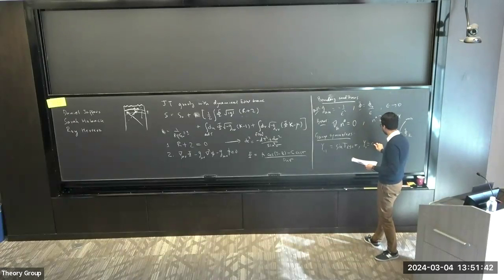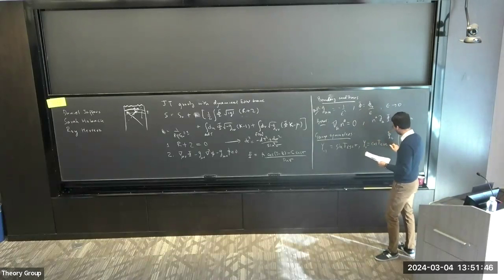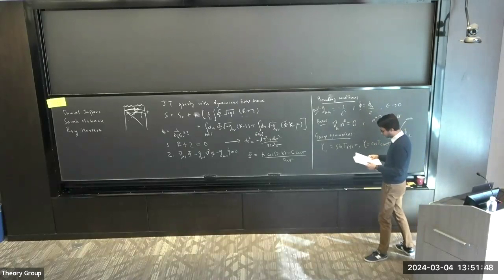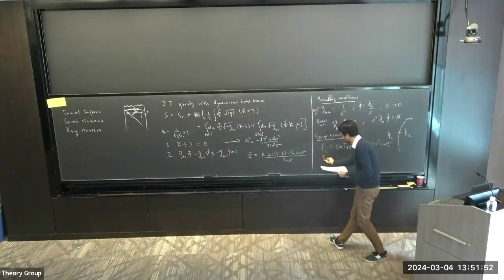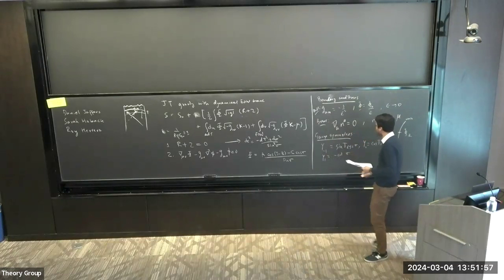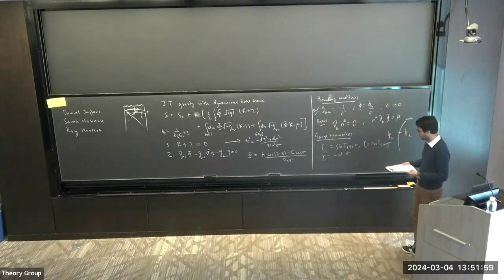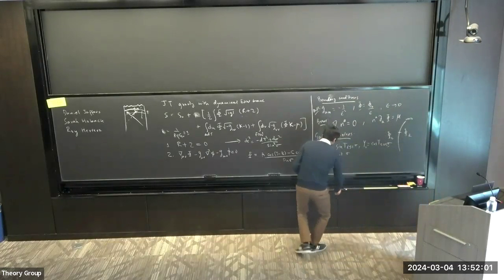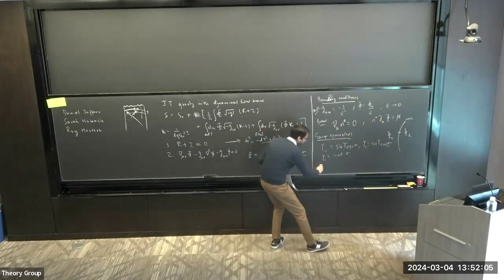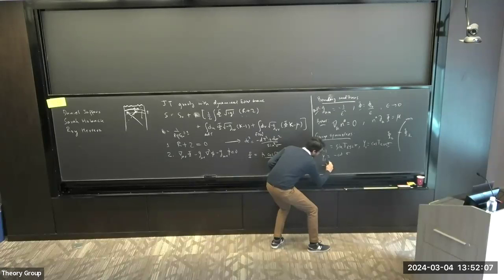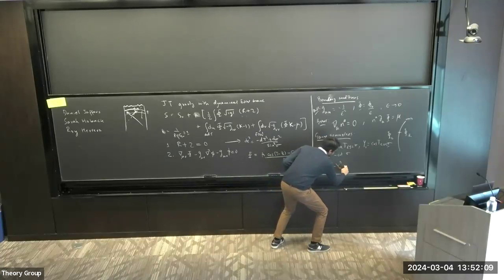I'm embedding the AdS2 in higher dimensional R3, and so the reason why I want to do this, and also the AdS2 hyperplane would be minus y minus 1 squared minus y0 squared plus y1 squared is minus 1.